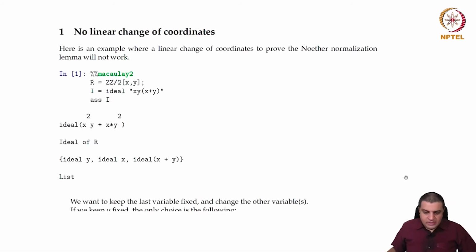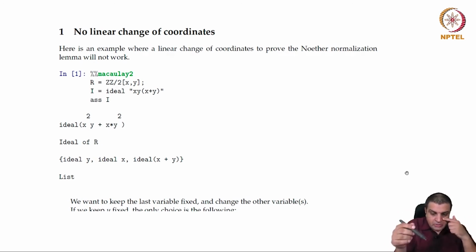Let's do an example, and then we'll come back to this question about finiteness and how to use it, or why it is relevant. So here's an example. In the first proof of the Noether normalization lemma for an infinite field, we observed that a linear change of coordinates would work.